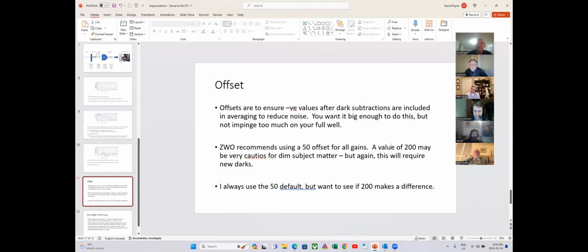But I've seen a lot of people recommend 200 offset for the ZWO camera. Nina can help you calculate it, or you can calculate it using PixInsight or whatever can give you the statistics. But what's really a pain in the neck is if you change offset, you really need to create new dark files.